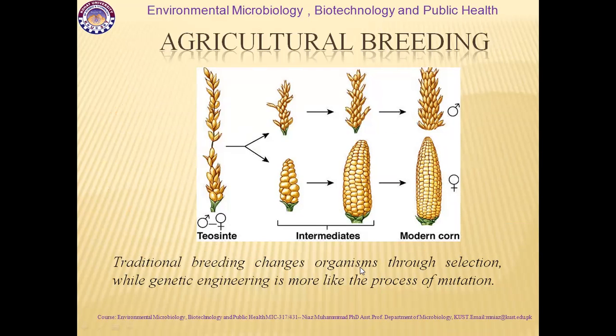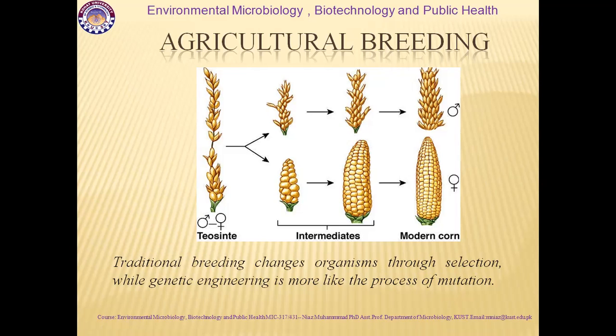Traditional breeding changes organisms through selection. You have to select one organism and cross that selected organism with another selected species, and you will get a trait.